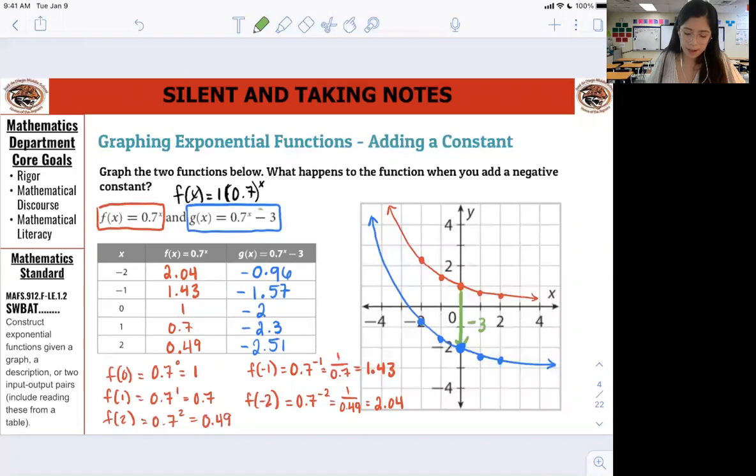It's just that here it has a -3 instead of a +3, so we have to subtract it. So all I did was take each of these numbers, 2.04 minus 3 gives me negative 0.96. That's all we're doing. I'm just subtracting 3 from each one.